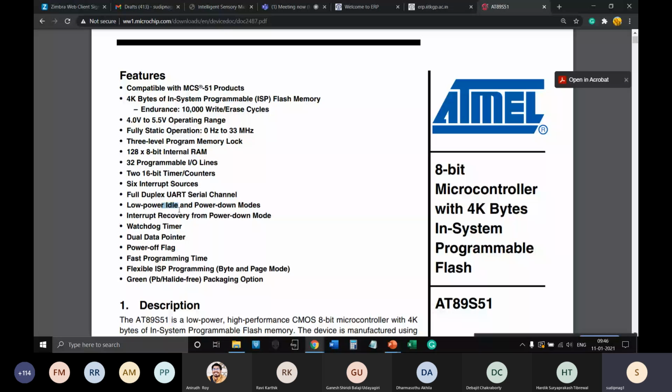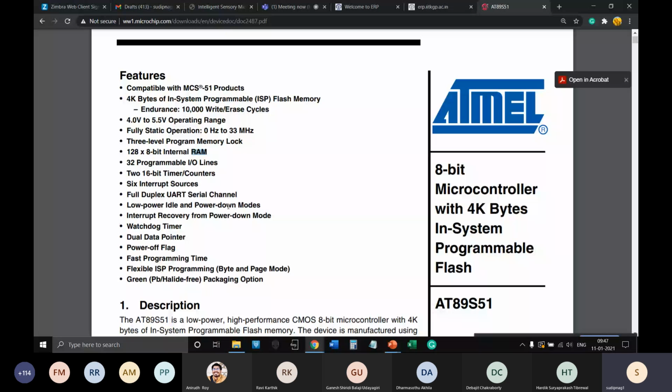But power down modes are related more to the IOs, as well as memories. So power down means you are sleeping the memories, you are sleeping the IOs separately based on your requirement. So the processor can be on and power down can be activated for certain blocks. You don't need everything in the microcontroller all the time.